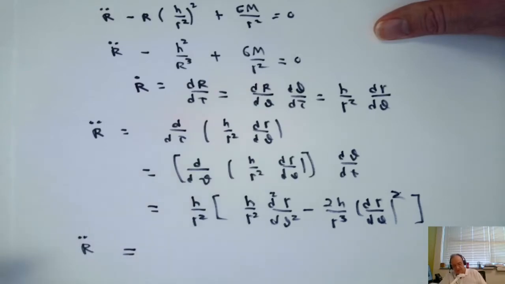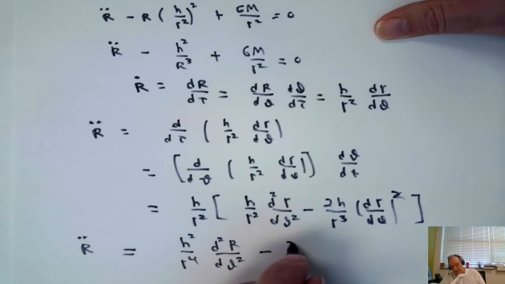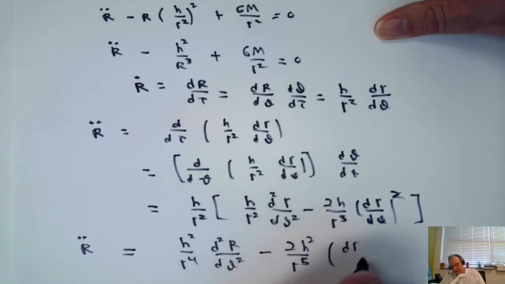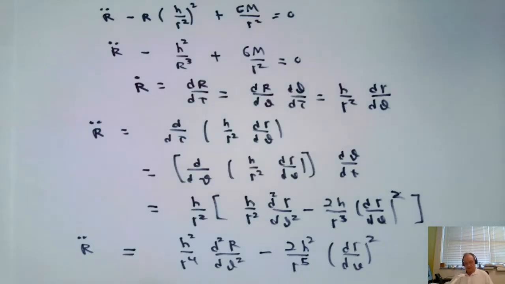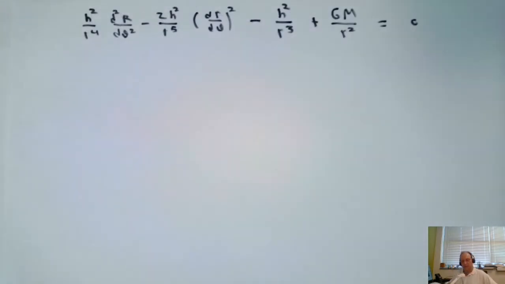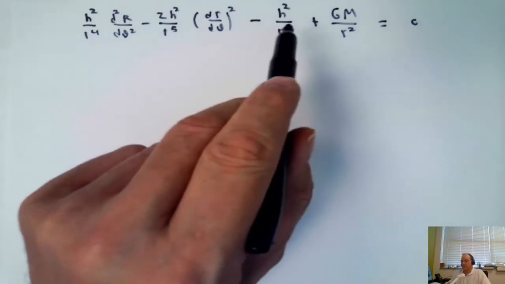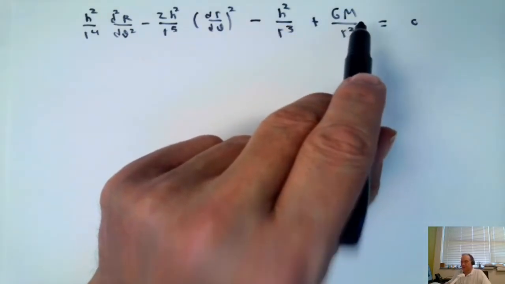The second derivative of r with respect to time is h squared over r to the fourth power, the second derivative of r with respect to theta, minus 2h squared over r raised to the fifth power times dr d theta squared. This is that. Next, I'm going to divide through by h squared, which means the h squared goes away in this term, that one, and will show up in the denominator in this last term.